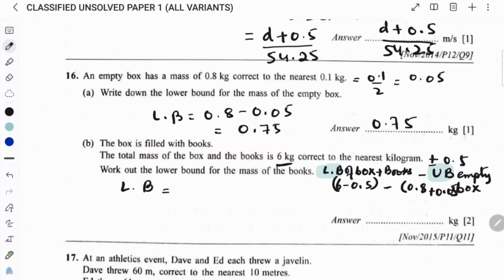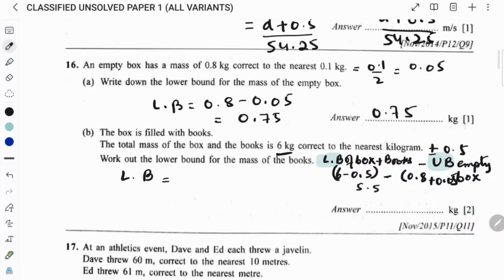We know that 6 minus 0.5 is 5.5, and 0.8 plus 0.05 gives 0.85. So 5.5 minus 0.85 is equal to 4.65.